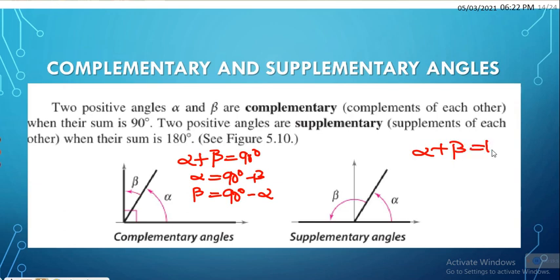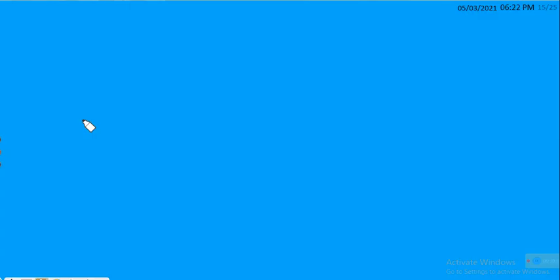So alpha plus beta equals 180 degrees, and alpha equals 180 minus beta, and beta equals 180 degrees minus alpha. So complementary angles add up to 90 degrees, and supplementary angles add up to 180 degrees.